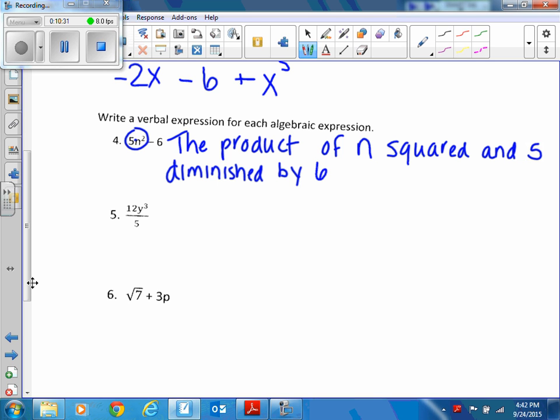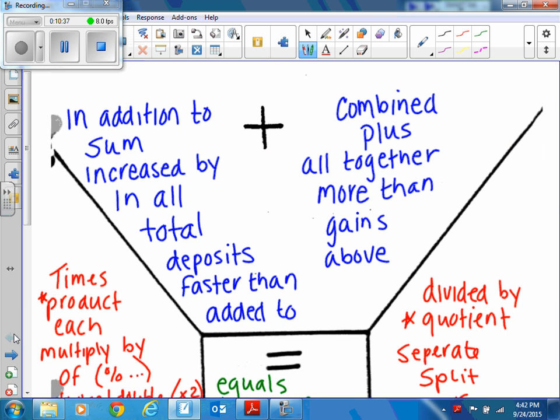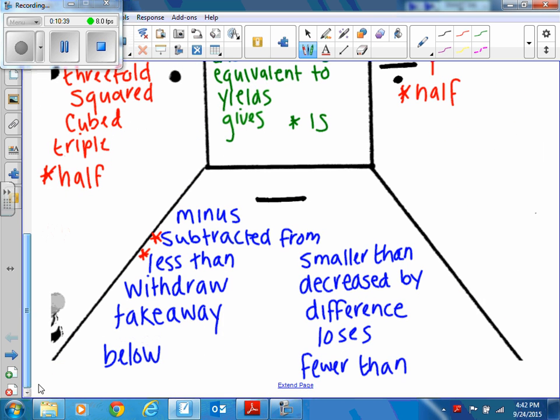Now that I think of it, we didn't even put diminished in the minus, so if you want to take a second, go back and add diminished, because that's a good one.